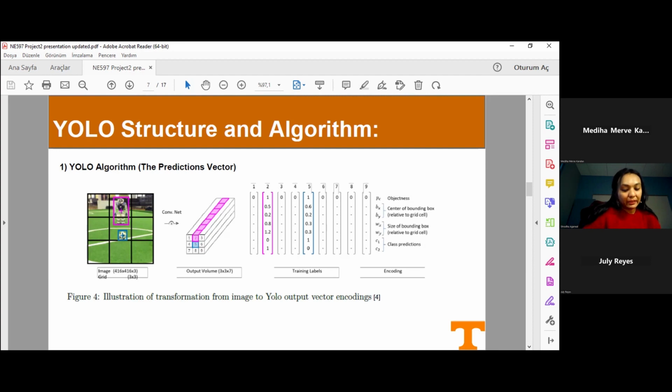And then it also looks at conditional probabilities, which tell which object it is from the classes that you defined: is it a football, or a player, or a pedestrian, for example. I found some articles related to this, for example in traffic, pedestrians or cars.